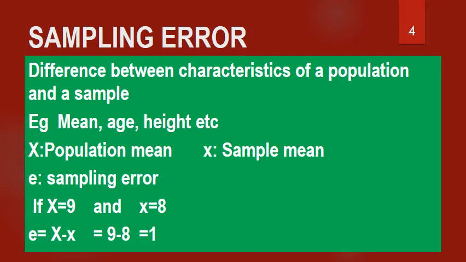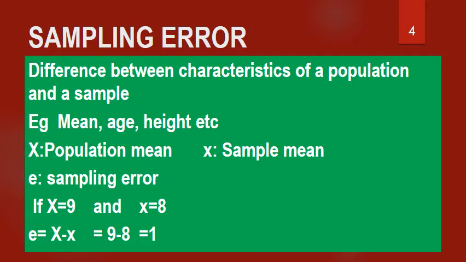For example, if we decide to pick the mean height of people from the population of the photo I've shown you before, and the mean height of the people in the sample, there will be a difference.